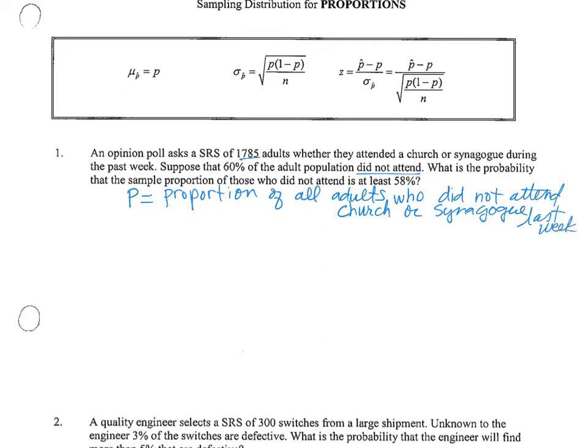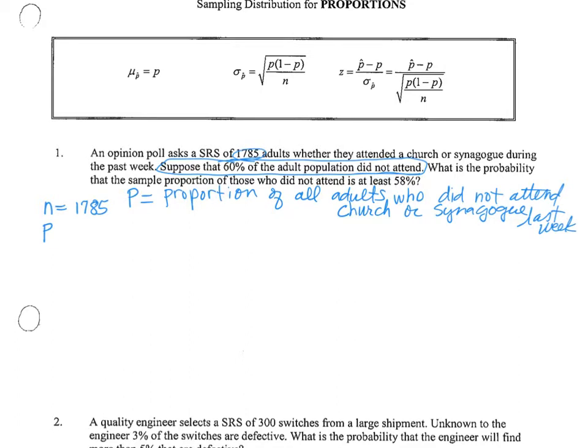Okay, so let's collect all of our information that we know from this. We know that the sample size that is going to be collected is 1,000. That's a simple random sample of 1,785 adults. We are told, suppose 60% of the adult population did not attend.